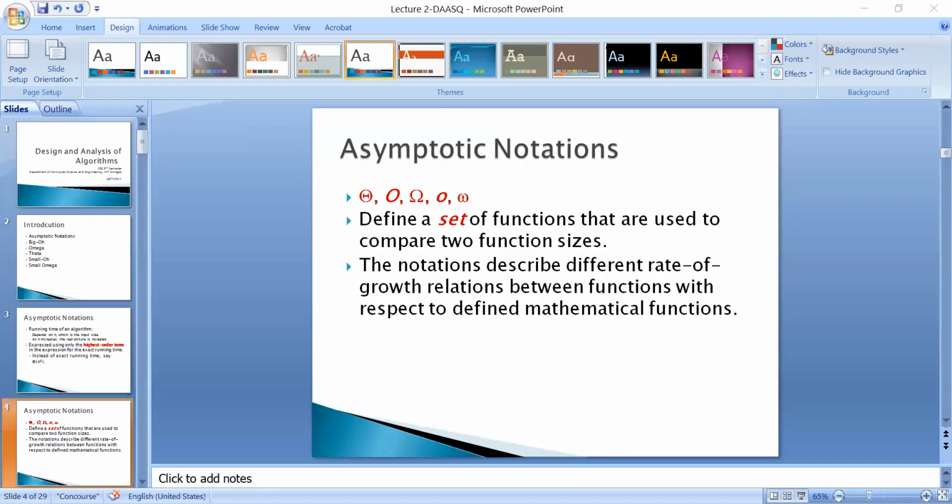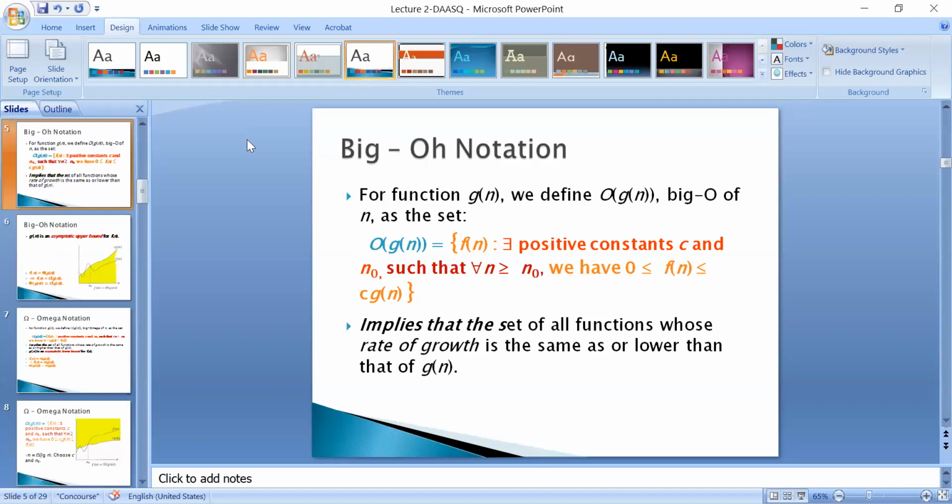Okay, so now coming to the big O notation, this is the formal mathematical definition of big O. I'll just read it out once. For function g(n), we define O of g(n), or we say big O of g(n), as the set.